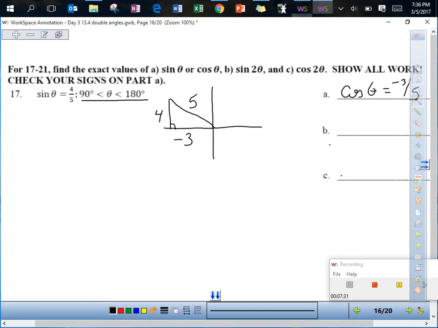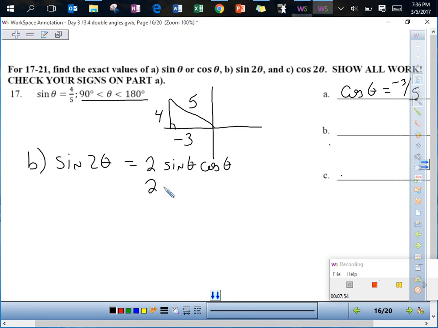Now here comes the new part of the day, but it's really pretty easy. On part B it says find sine of 2 theta. Well, if you look at your note card or just remember what we just derived, sine of 2 theta is 2 times sine of theta cosine of theta. Plug in your values now.